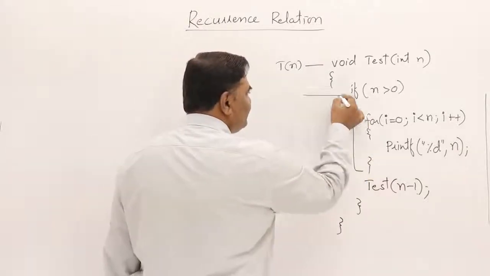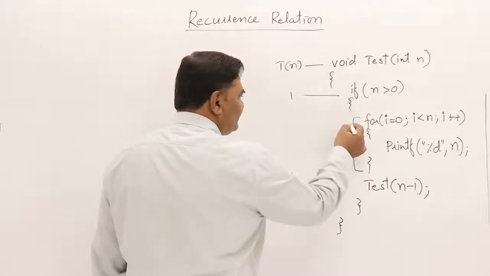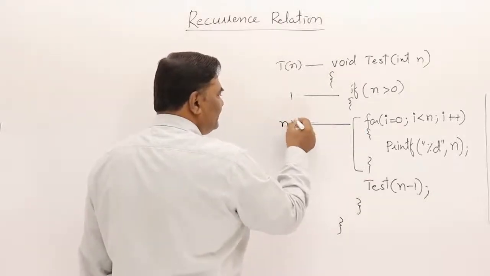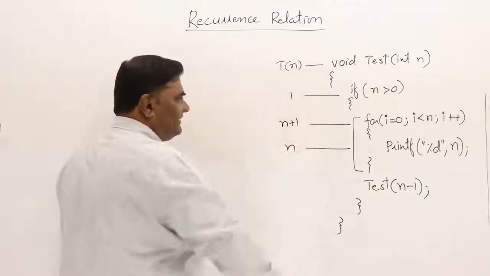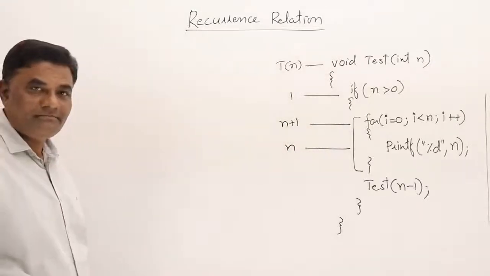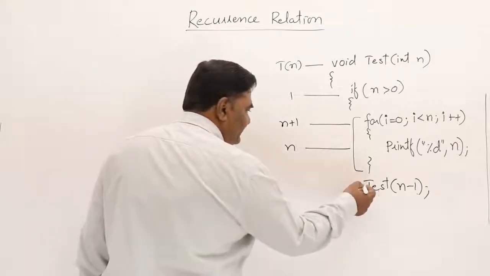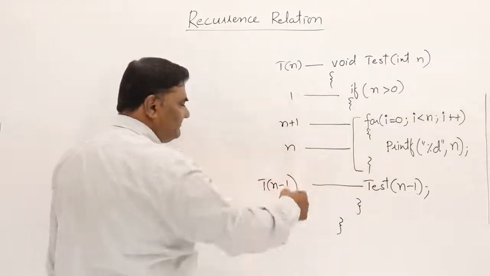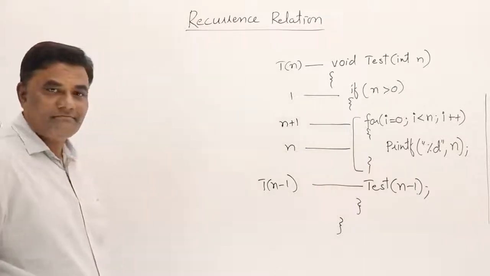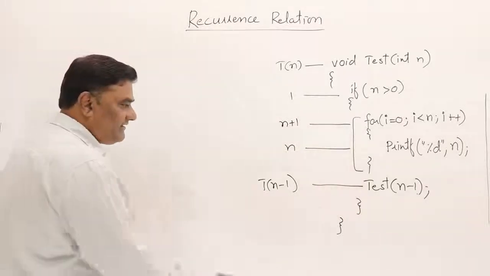This condition takes 1 unit of time, and this for we have been writing n plus 1, and whatever is there inside will execute for n times. Then what about this statement? This will execute for Tn minus 1 time. Then what is the recurrence relation?